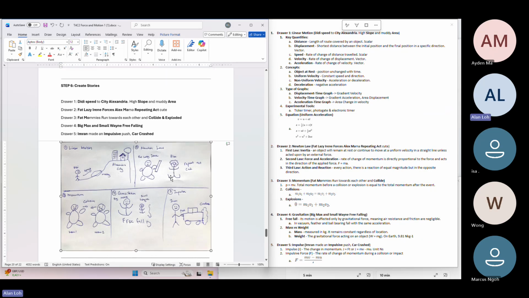So that is why the picture is important. Now imagine you're in an exam room and you draw this out. Maybe it will take you 1 minute to draw this out. Almost immediately, you have a quick understanding of what is in this chapter. Any question that is being asked, explain Newton's first law. Immediately, you point out here, fat, lazy Irene.